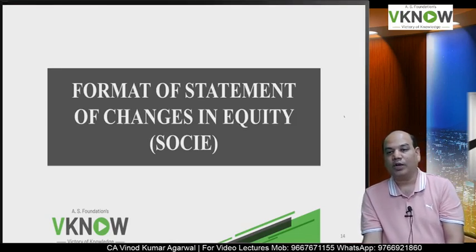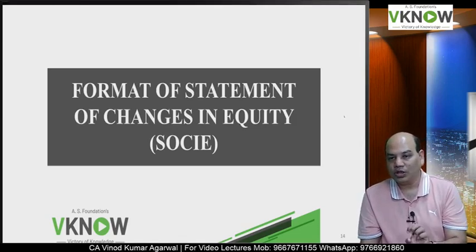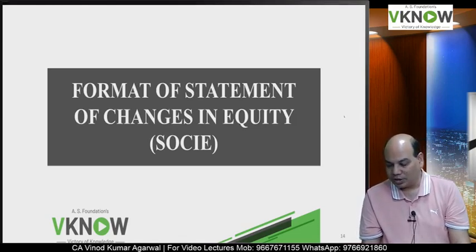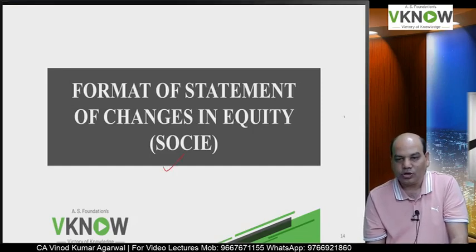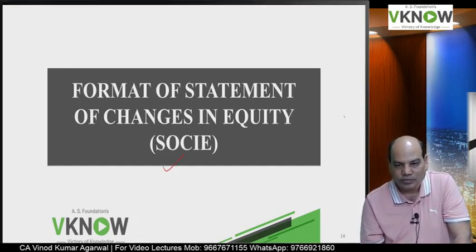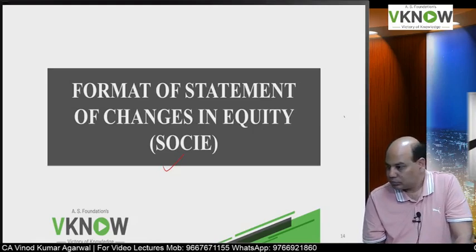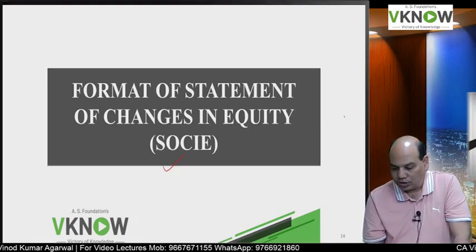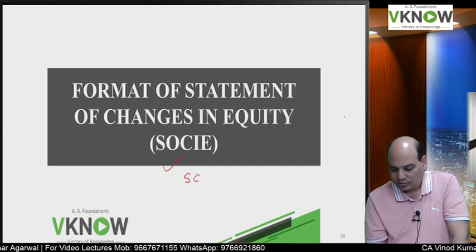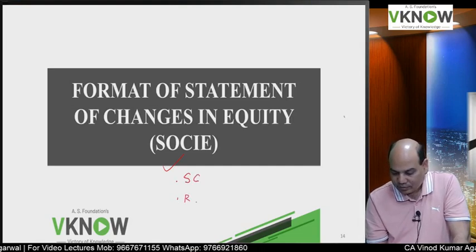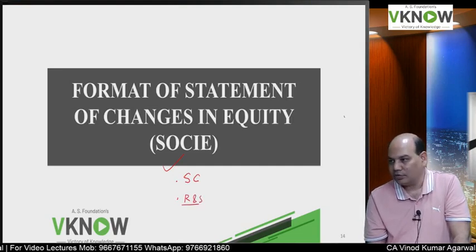Now another format which you have not learnt in intermediate is the statement of changes in equity, SOCIE. So in short we will call it SOCIE. Is it right? Now what is SOCIE? Here basically we will show share capital and reserve and surplus.